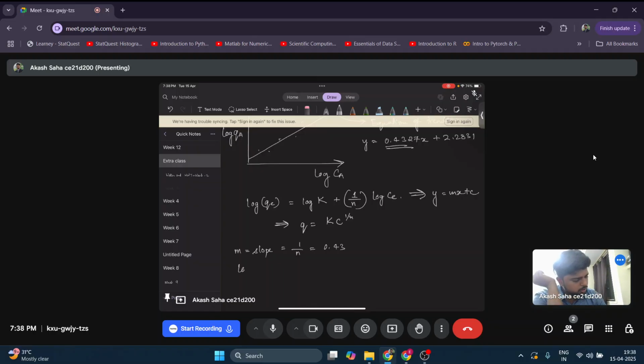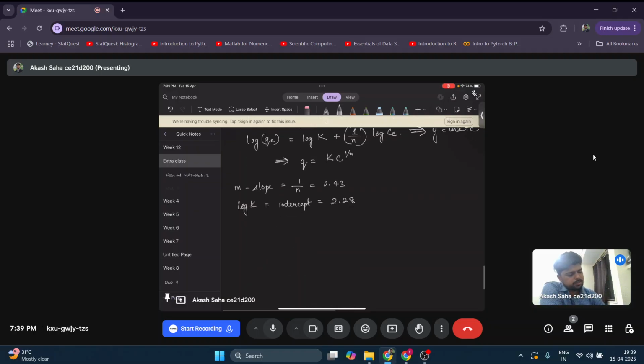Okay, and log k, that is the intercept, is nothing but 2.28. So easily we can get it. Now once we got log k, the capital K will be nothing but 90 mmol per gram.